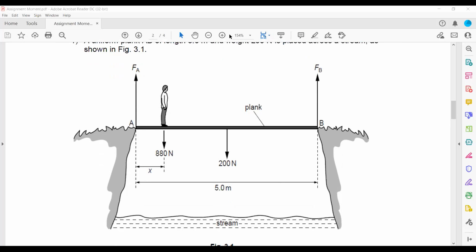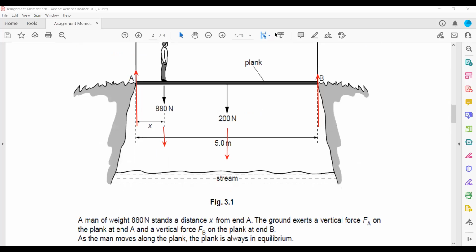So the supports are there, and the normal contact force is acting upward. This is a normal contact force from the ground that we call FB, and this one we call FA. Both are acting upward. The weight of the plank is acting downward. The weight of the person is also acting downward, and the person is at a distance of x from the pivot.